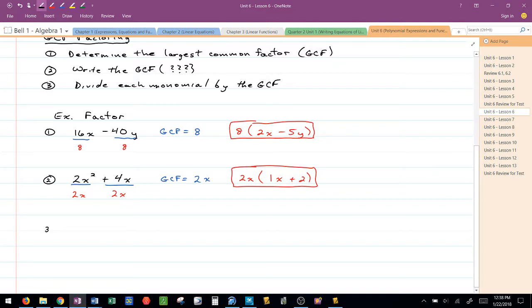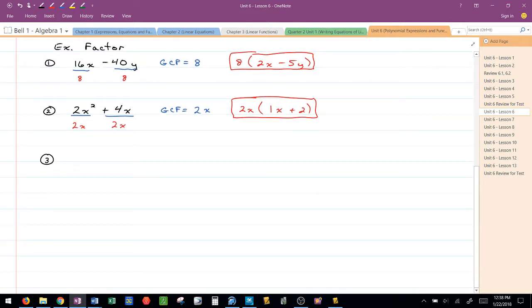All right, let's try one more. Let's make it just a little bit more complicated. Let's say for this one we have multiple terms and multiple variables. For example, we have 4x squared y squared plus 2x squared y minus 10x y squared.